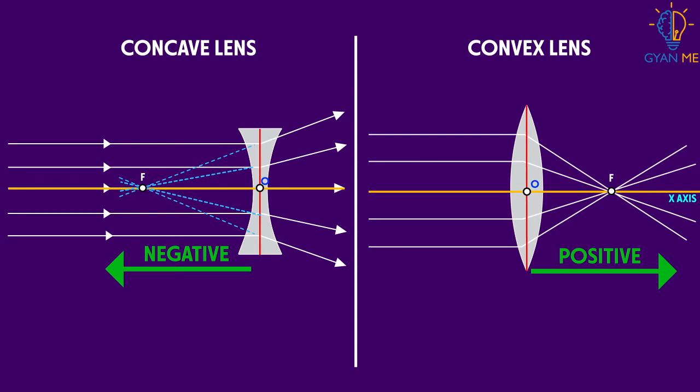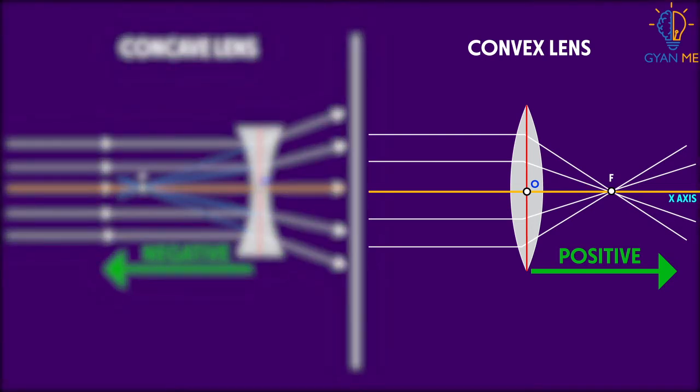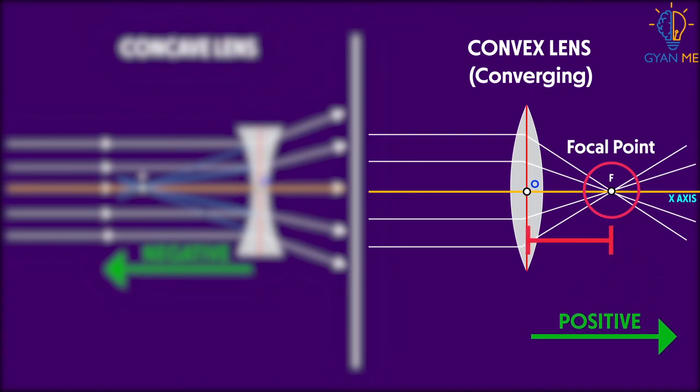Yes, you can see in the case of a convex lens, as it is converging, all the refracted rays bend or meet at a point on this side. And this length is the focal length and this is the focal point. And now if we calculate the distance from O, we can see that it falls on the positive x-axis, that is towards the right side of the lens, and hence it is positive.